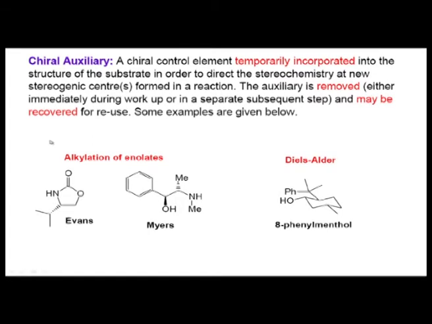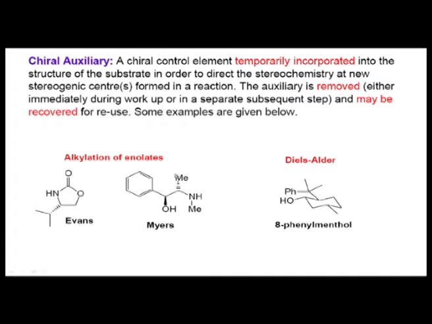There are plenty of chiral auxiliaries available nowadays. They are made mostly from amino acids or other natural compounds, like this one, which is obtained from menthol. You can see 8-phenyl menthol is a chiral auxiliary for Diels-Alder chemistry. Diels-Alder reaction is a 4+2 cycloaddition.